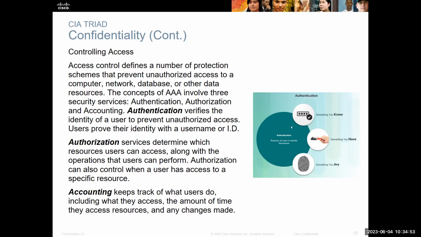If you are going to enter a particular room, or a hotel, or an office, you have a swipe card that you just swipe and then the door will open so that you gain access into that building or facility. Something you are, that is your thumbprint, fingerprint, or maybe your iris. So these are different means of authentication, okay?